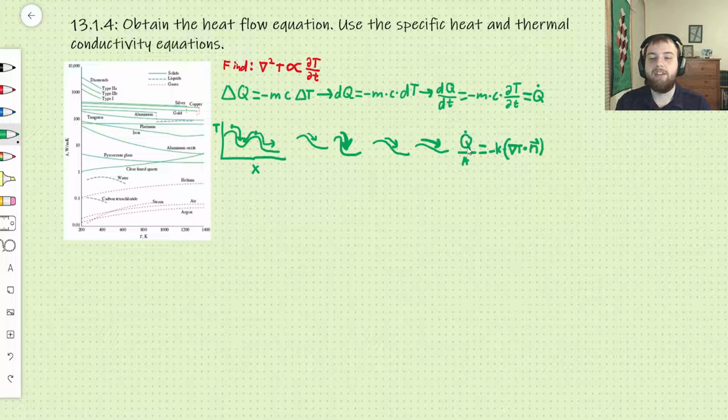So your heat flow per area is your negative conductivity times the temperature gradient dot your normal vector.